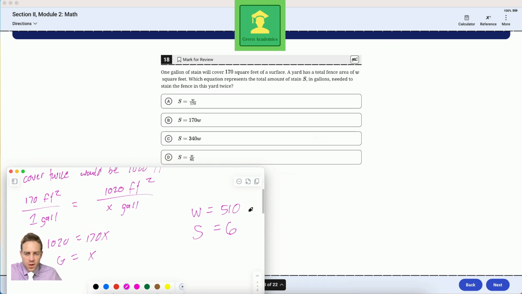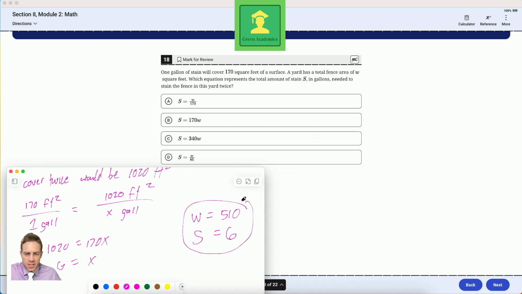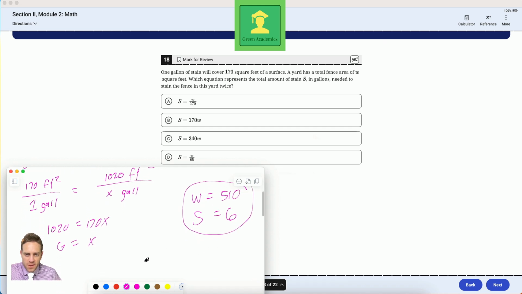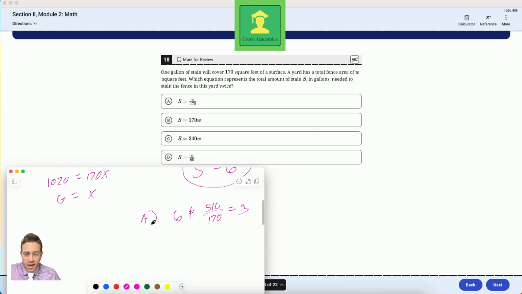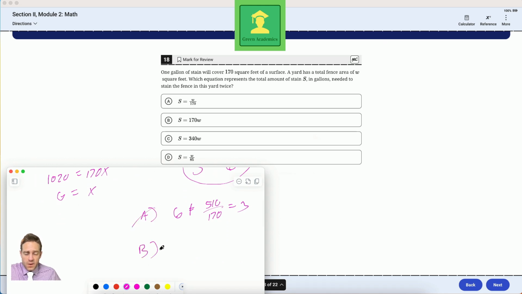Now, which one of them makes this relationship true? For example, if it was A is an apple, is it true that you get 6 when you do 510 divided by 170? No, you get 3. So these are not equal. Okay? Do you get 6 when you do 170 times 510?